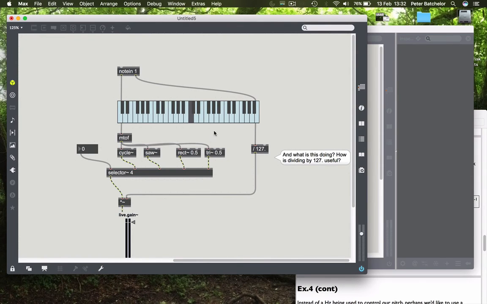If I were to connect this up. Getting any sound, we'll choose the square wave. So this is a square wave at a duty cycle of 0.5.